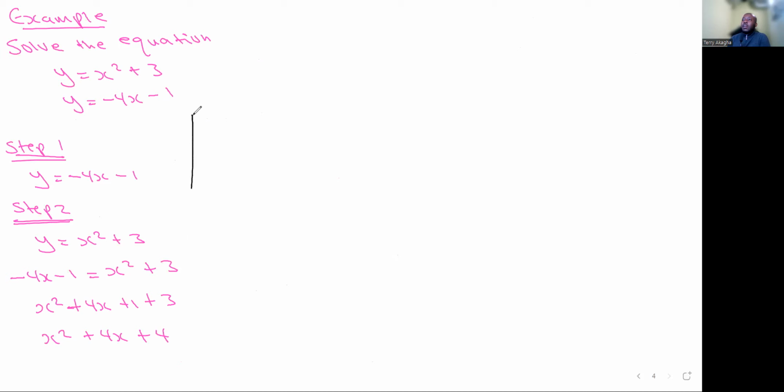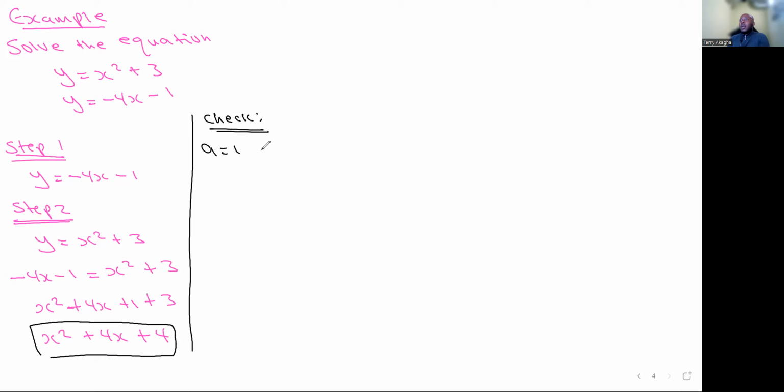So what you have to do now is to check the resultant quadratic equation we have here. Let's check. We know that our a is equal to 1, our b is equal to 4, and our c is equal to 4.